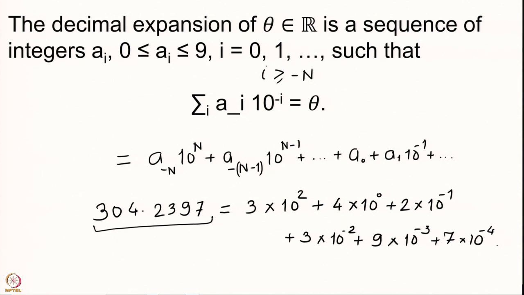It is true that for any real theta, we would have such an expansion where your i will go up to infinity. And this is again easy to construct because remember the sequence of rationals that we had constructed in the last lecture. Here what we do is that you first of all look at the largest integer less than or equal to your theta, the integral part.